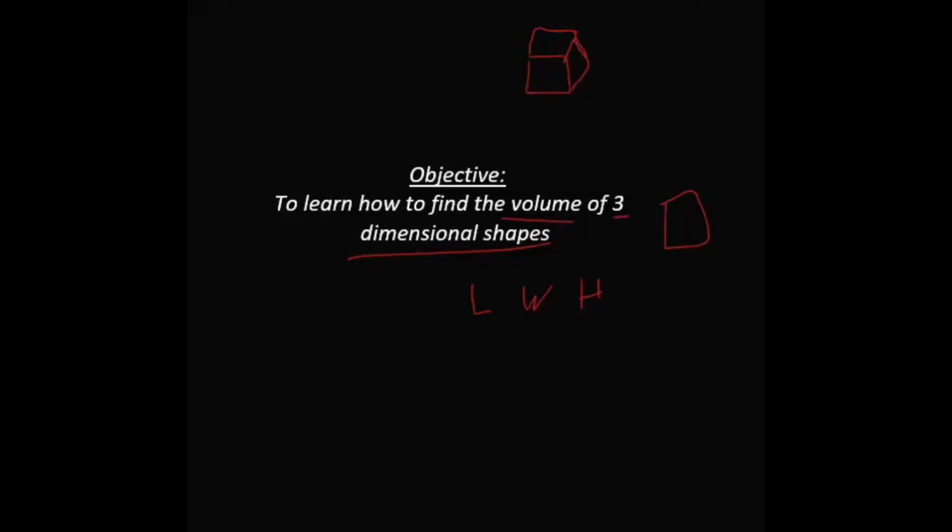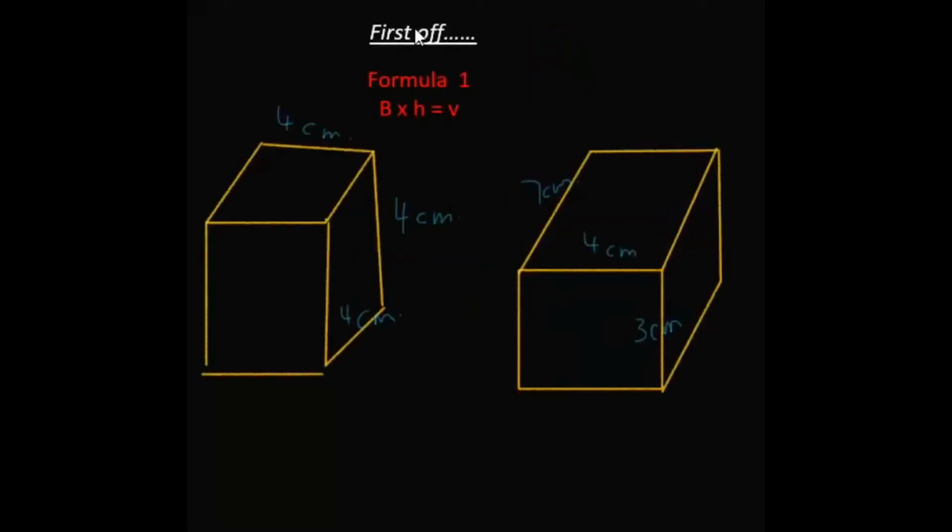Okay, so first off, I have a formula here. This formula says Formula 1. No, not the racing game, but an actual formula to find volume. It's the big B times H equals V. So this B means base, and H is for height, equals V. V is for volume.